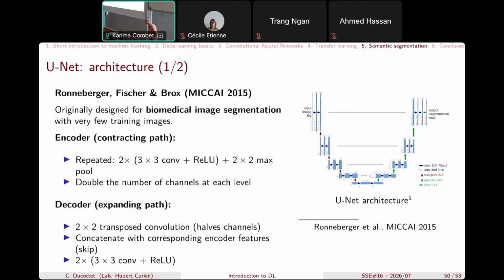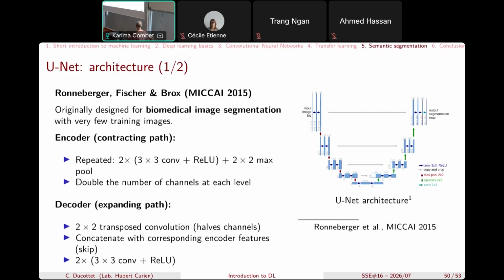So I will go just until UNet, the classical architecture that we use. Carole already talked about this. It is an architecture called UNet, where you have here the encoder, which is decreasing the resolution and augmenting the number of channels.